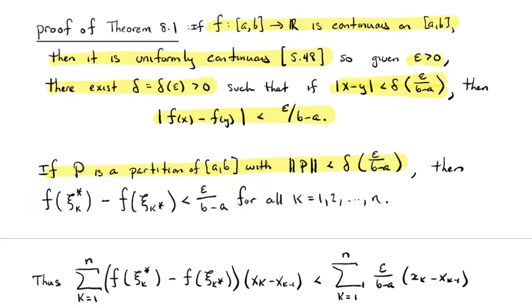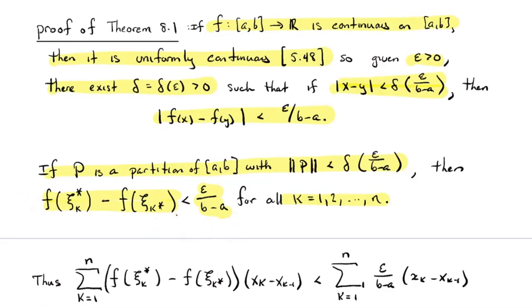Okay, so summarizing, take a partition whose norm is less than delta, then for any k between 1 and n, the difference of these absolute maximum and absolute minimum values is less than epsilon over b minus a. Cool. Well, if that's true, then for each k, I could multiply both sides of this inequality by x_k minus x_{k-1}.